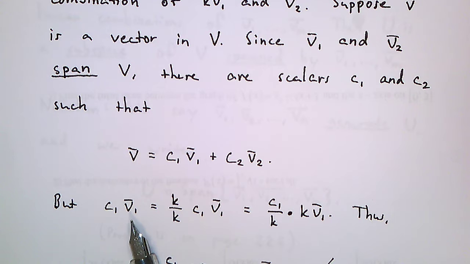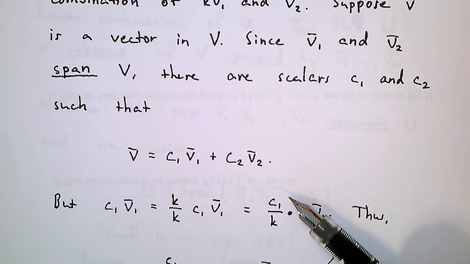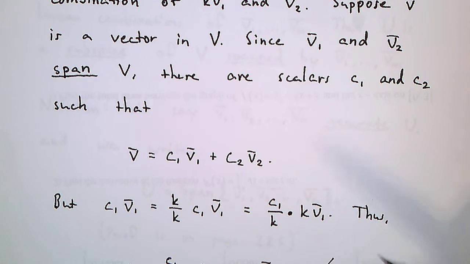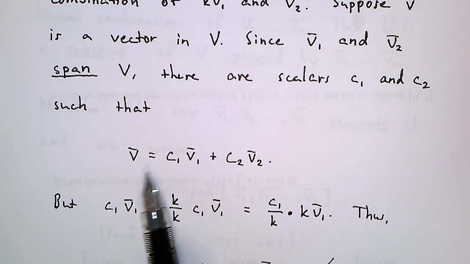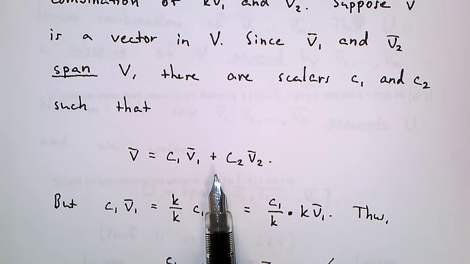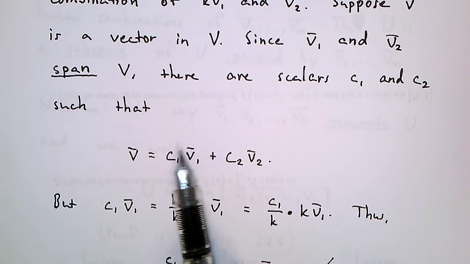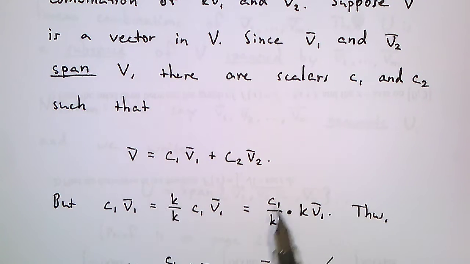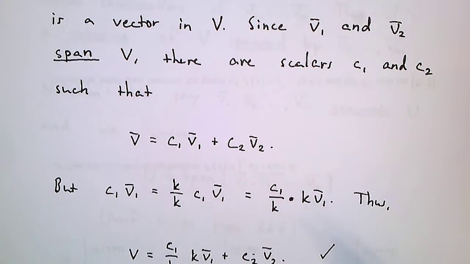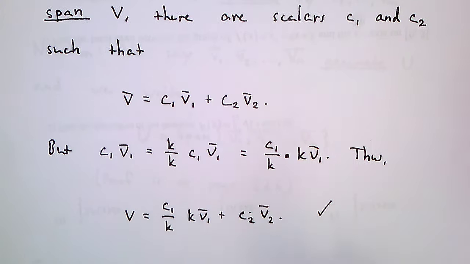So c1 times v1 is actually equal to c1 over k times kv1. So that means I can go back to this original linear combination and replace the first term, c1 times v1, with this new expression to get a second equation.